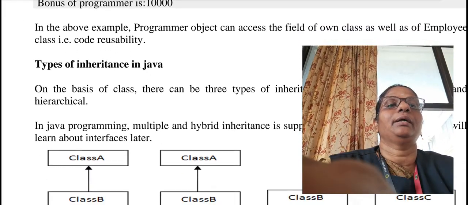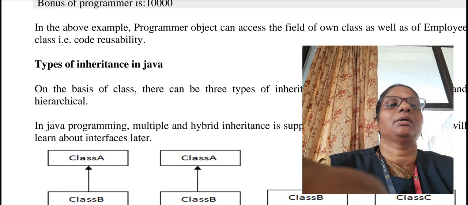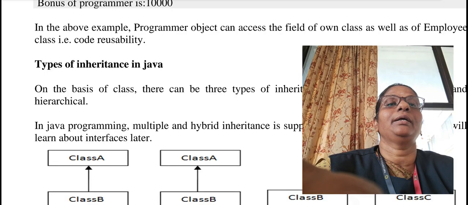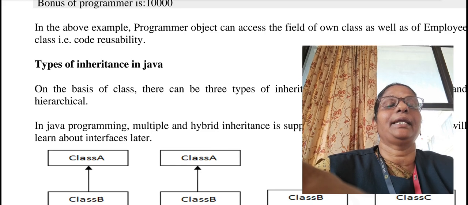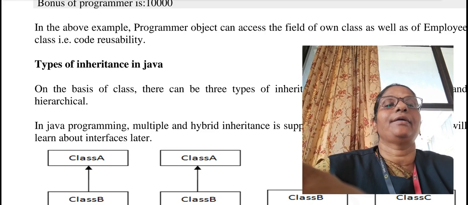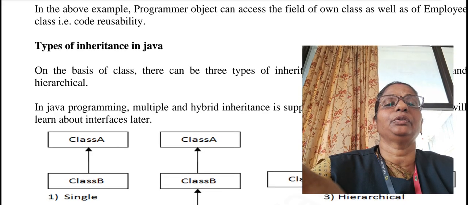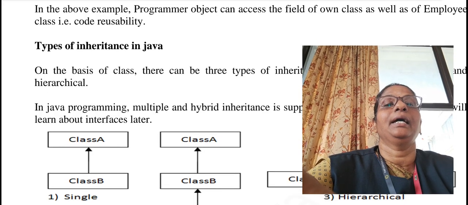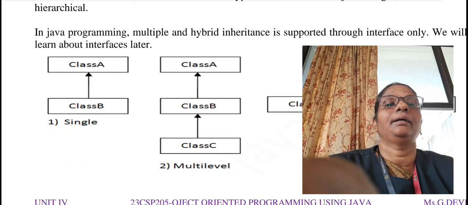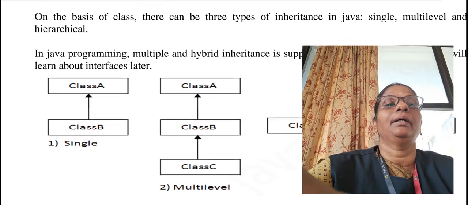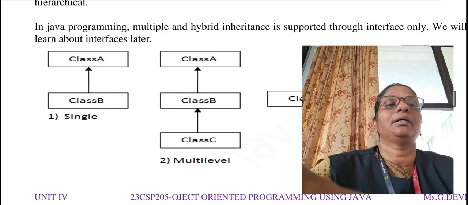In this program, Employee is the base class. Based on that we can extend and inherit the derived class, and in that we can declare the methods. There are many types of inheritance: single, multi-level, hierarchical, multiple and hybrid.